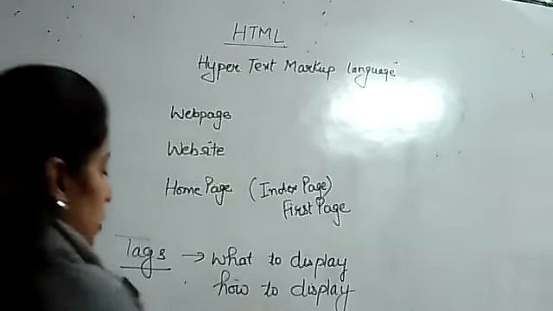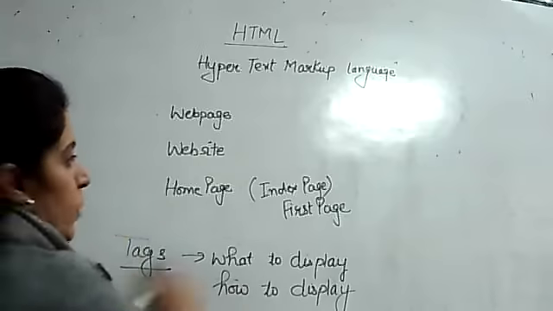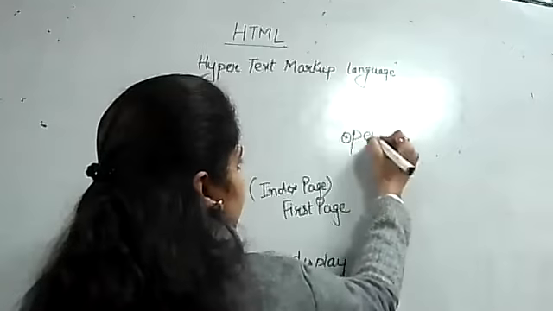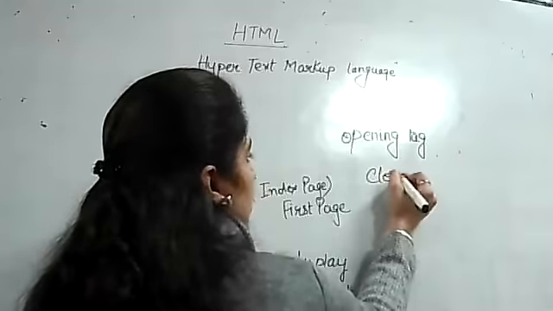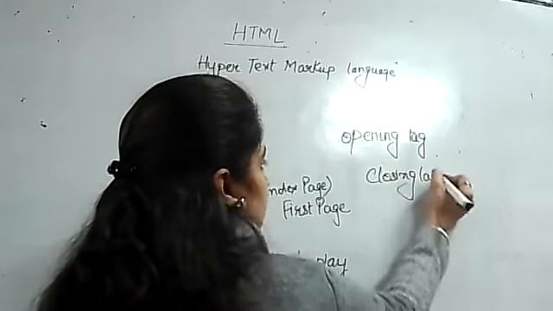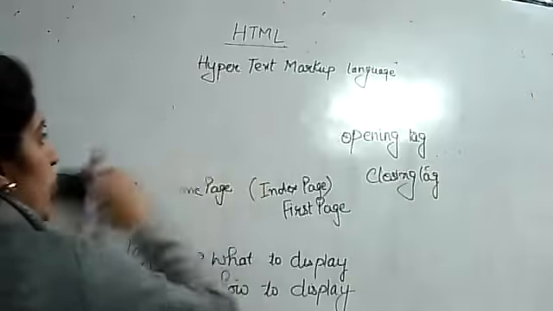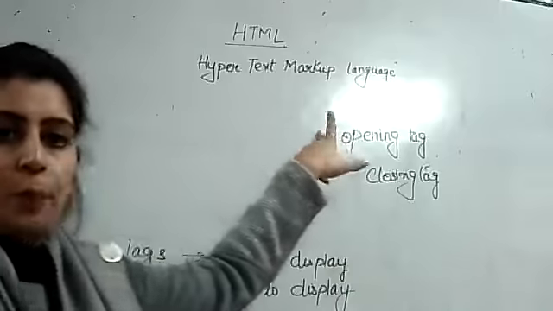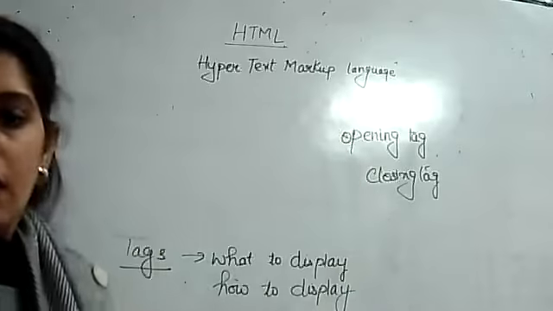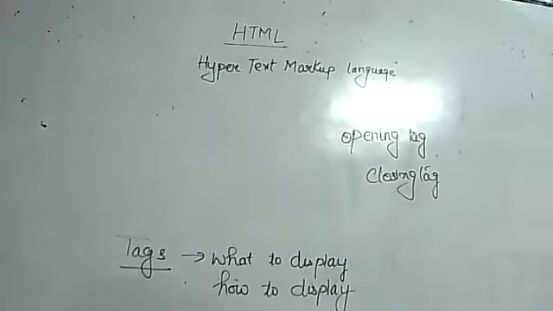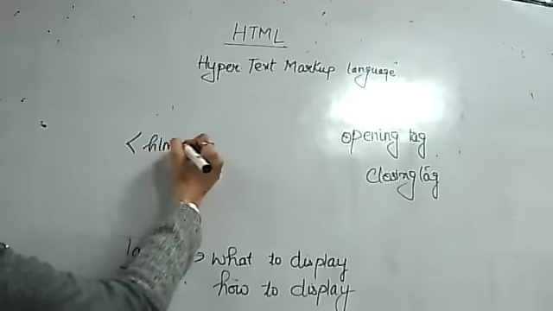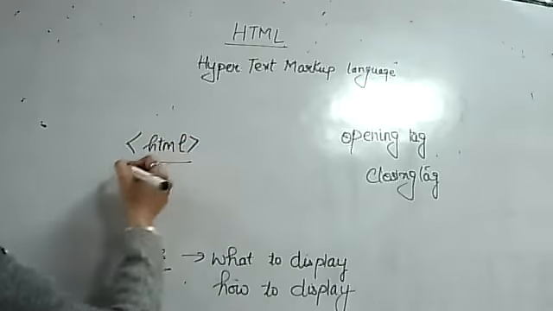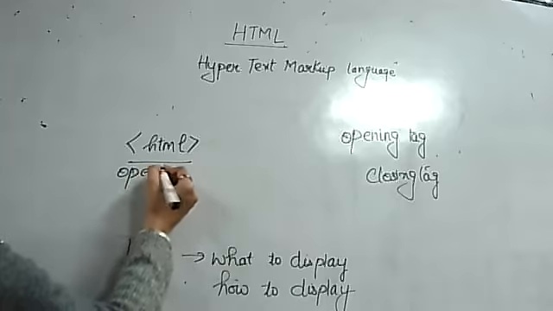Okay. Then I told you there is one opening tag and closing tag. Now, how you are going to differentiate between the two, opening tag and closing tag? Opening tag, बच्चे, whatever the name of the tag you are given. For example, हमने करी थी HTML. तो ये आपका क्या है? This is the opening tag.